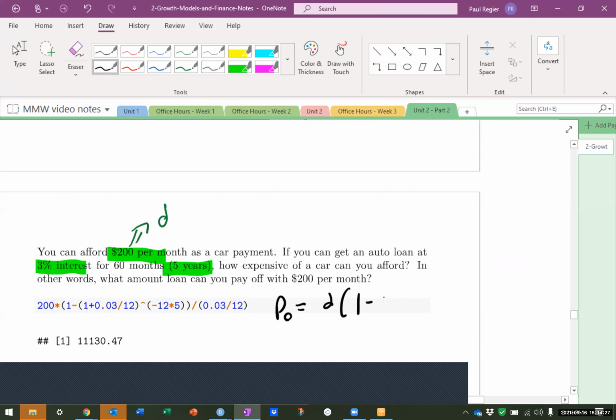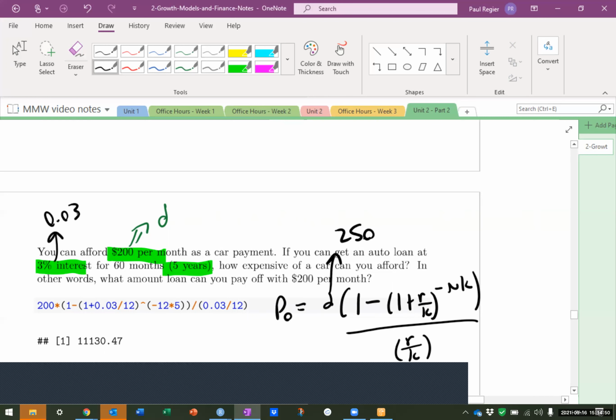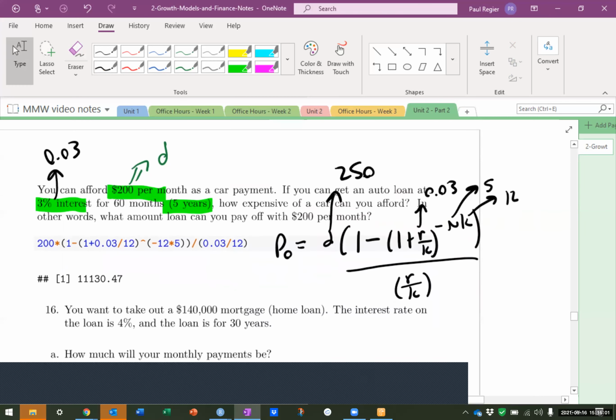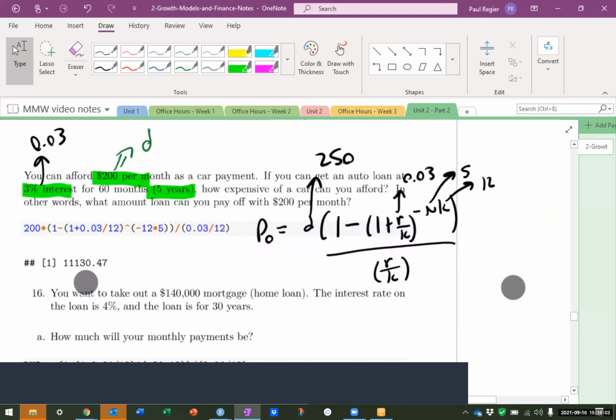P naught is D times 1 minus, oh, I got it wrong here, 1 minus (1 plus R over K) to the negative K times N, all over R over K. It's a good idea to write these formulas out. Someone was asking about that last class. So we have D as 250, R as 0.03, N is a 5-year term, and K is 12. This is one of those problems where you can put it all in at once.